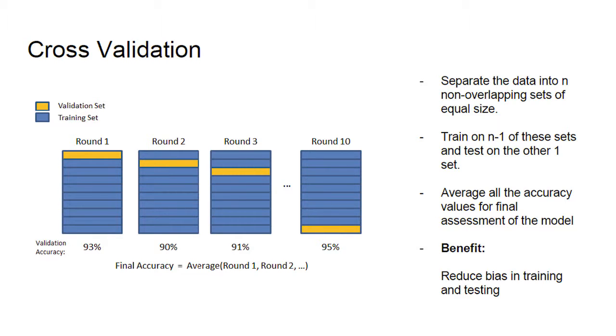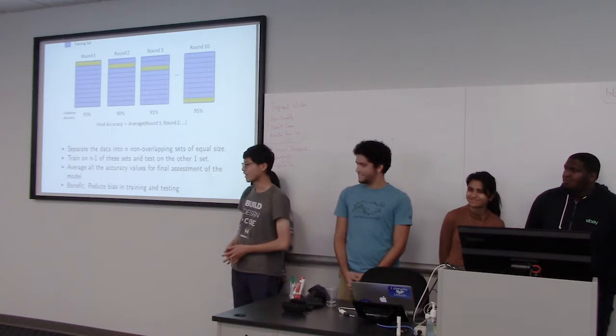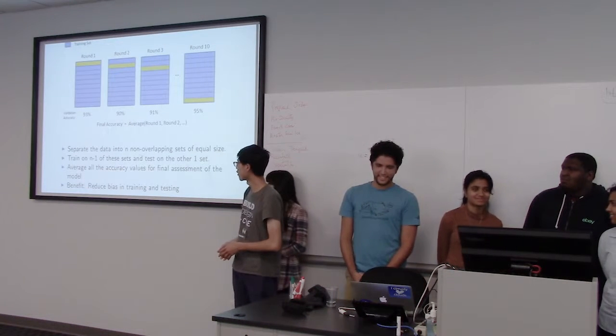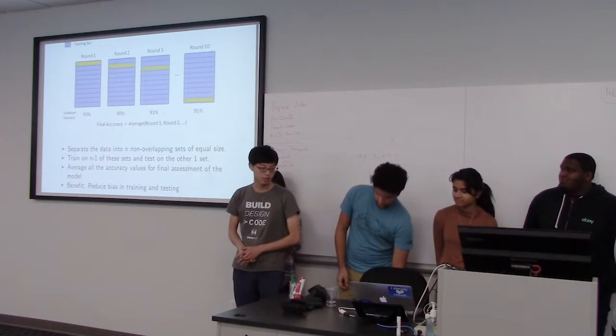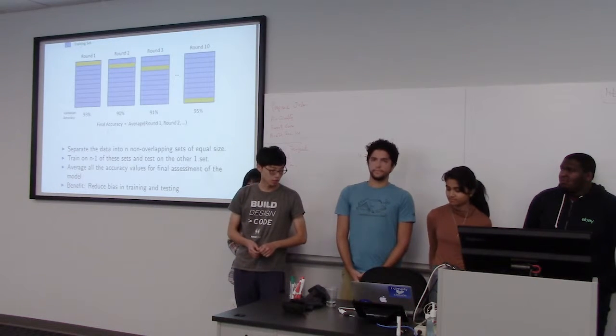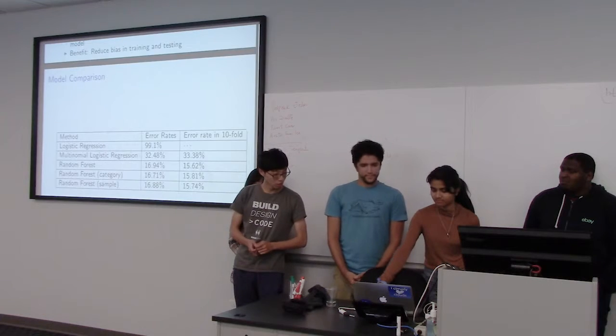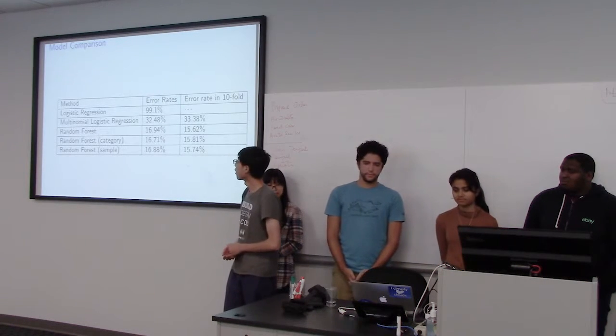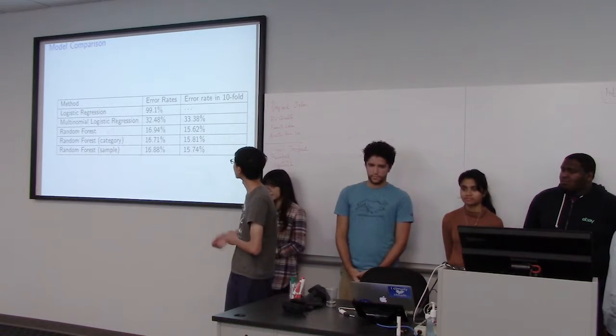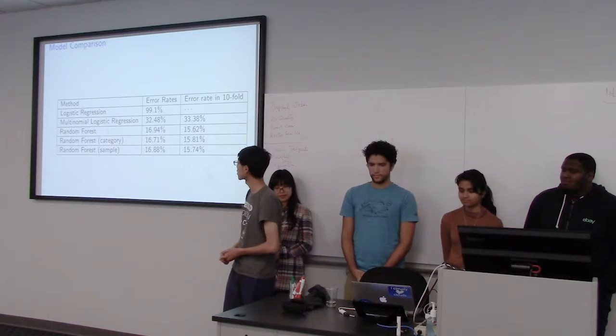In order for us to verify which model is better, we use k-fold cross-validation. The detail is told by the other group, but basically the same idea is used here. After some training, we discovered these error rates and the error rates using k-fold validation.